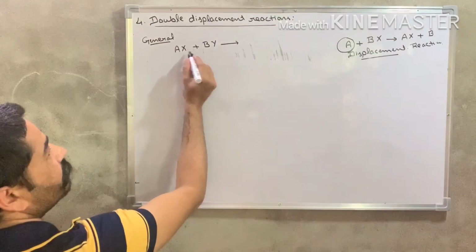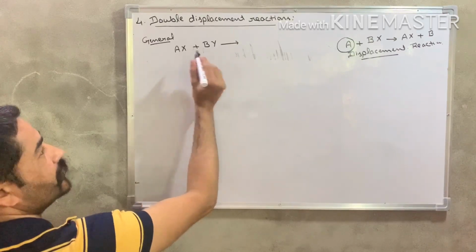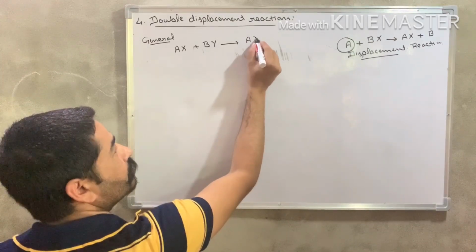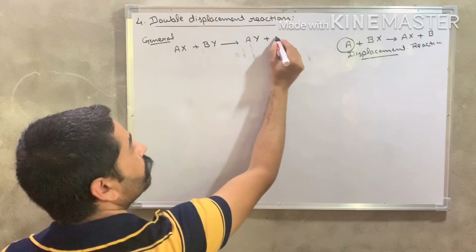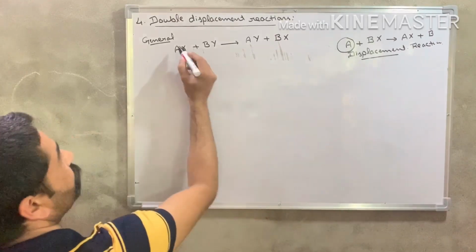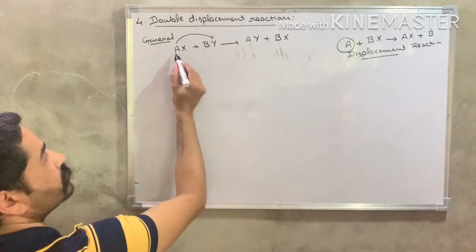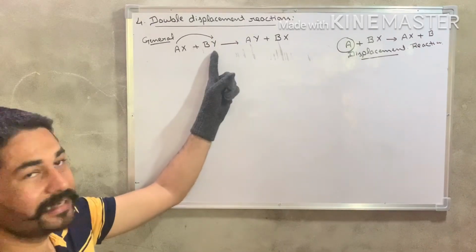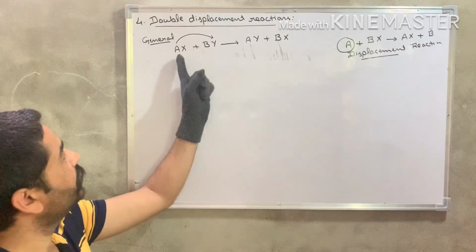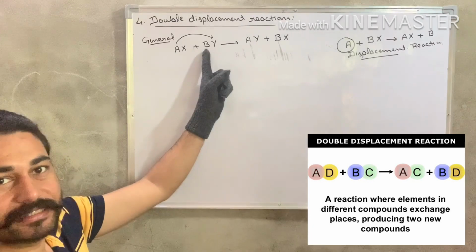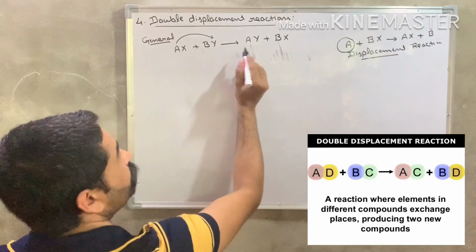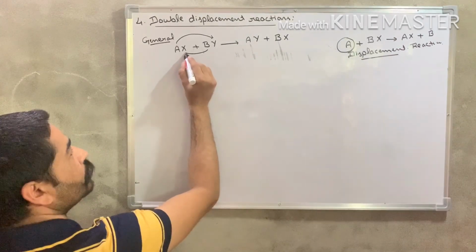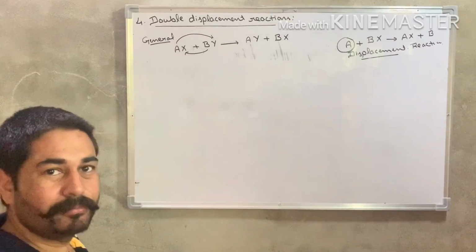Now ions will get interchanged between the compounds. A will form bond with Y and B will form with X, because A is a cation and Y is an anion in the compound BY, whereas X is an anion and B is a cation, so there would be interchanging of position. So this is a double displacement reaction.